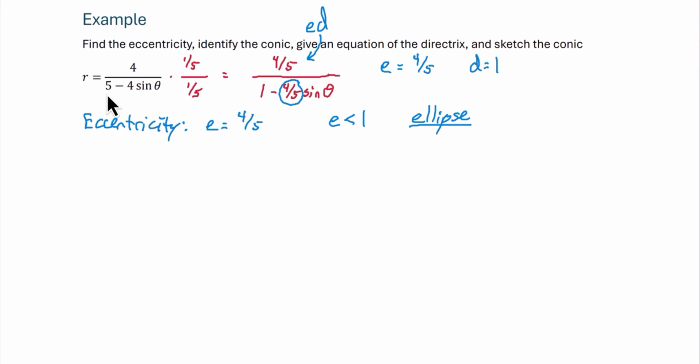And notice that we have negative e sine theta in the denominator. That tells us that the directrix must be below the origin, or excuse me, the focus, which is at the origin.